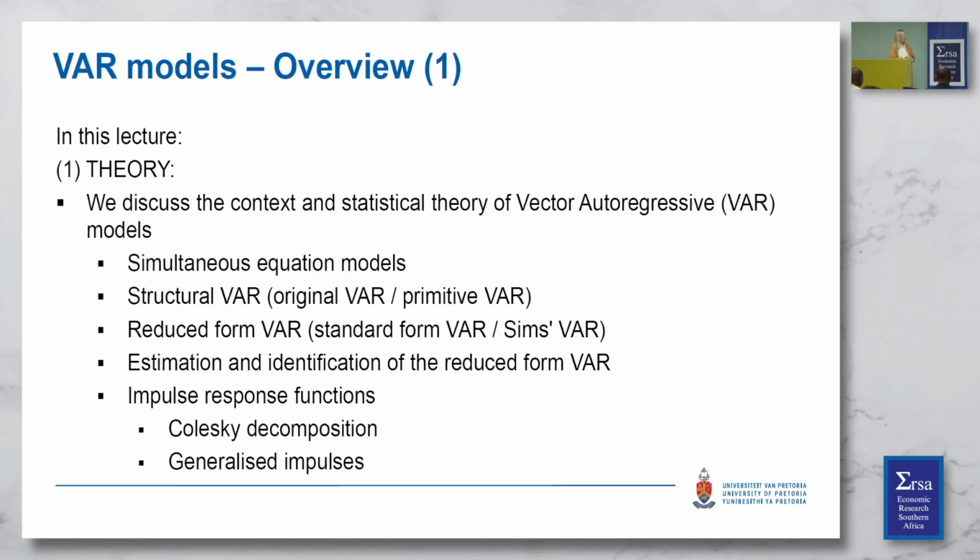The only difference between the two is that the structural VAR also contains contemporaneous effects, a Z_t in the Y_t equation, and the reduced form VAR will only have lags of Y_t and Z_t in a two-variable system containing Y and Z.